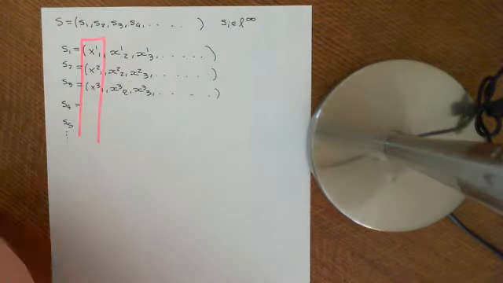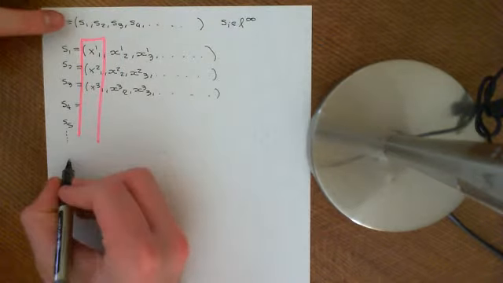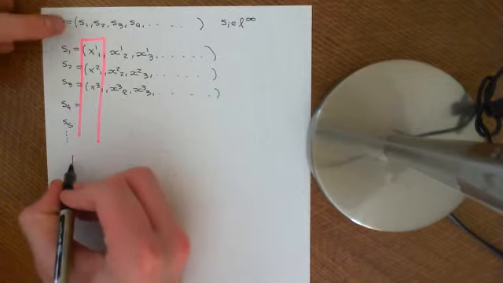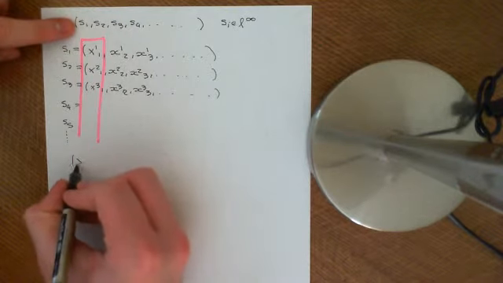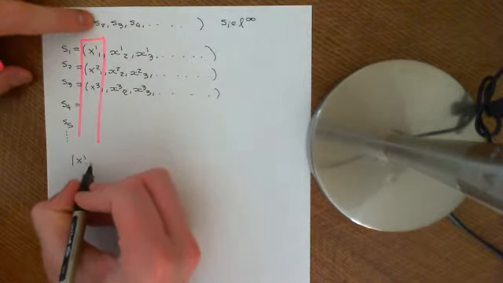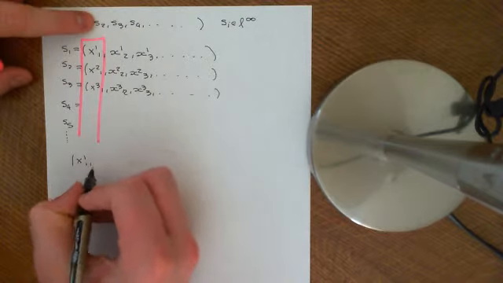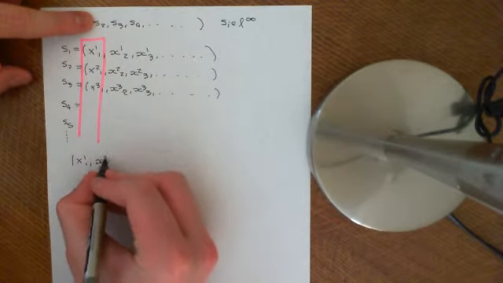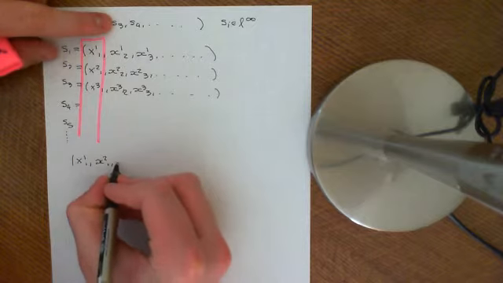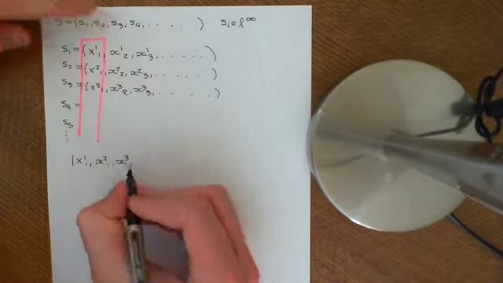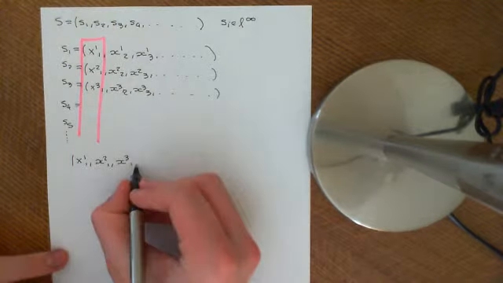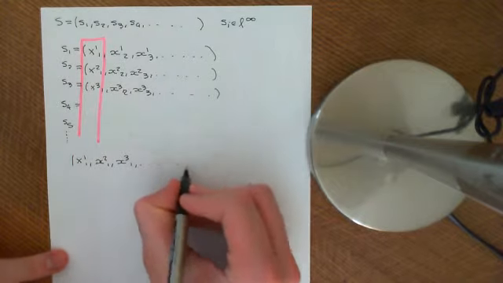So if you want the first term of this pink sequence, it's going to be the first term of the first sequence. So that's X11. Then the second term of this sequence is going to be the first term of the second sequence. So it's going to be X21. The third term of this sequence is going to be the first term of the third sequence. So X31, etc.